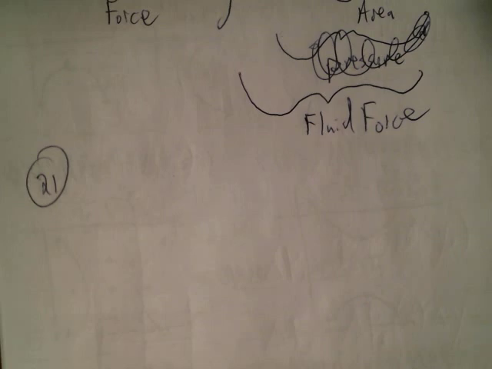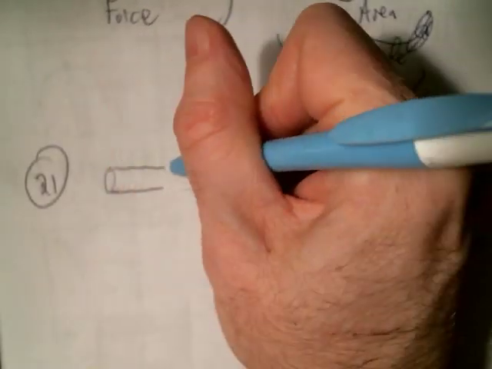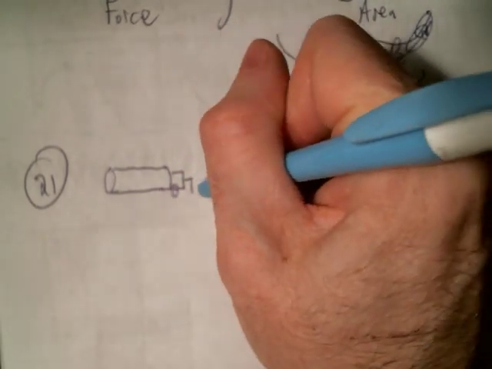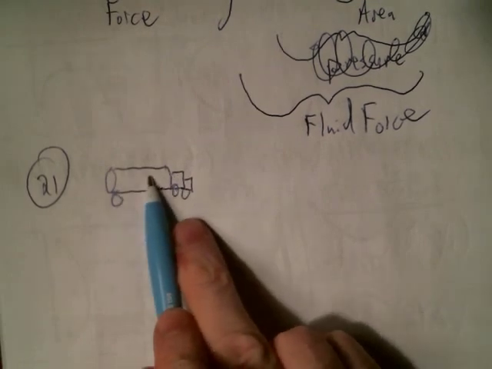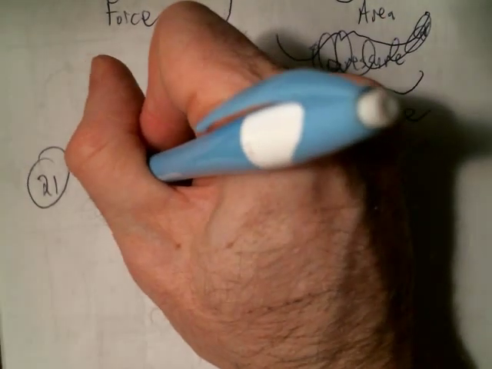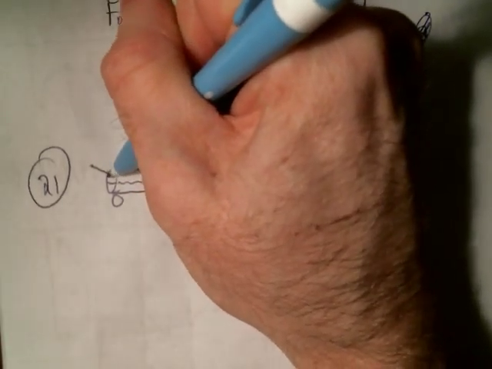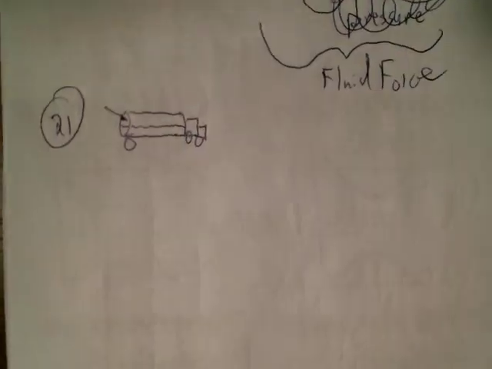Find the fluid force on the circular end of the tank when the tank is half full. So you're dealing with one of these gas tanks, like you see on the back of semi trucks. It's one of these things, this tank here, and they're saying it's half full. And in particular, they're worried about the pressure on the back of the tank. So the pressure on this plate right here.